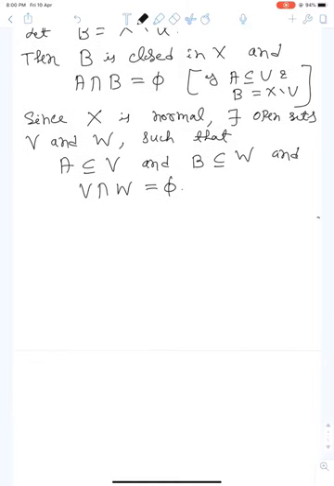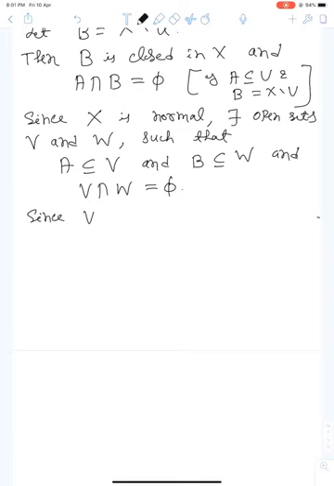Fine, up to this is fine, right? Note that we have seen last time if two open sets are disjoint, that is V intersection W is empty and both are open, then V closure intersection W is also empty, right? We have seen that.